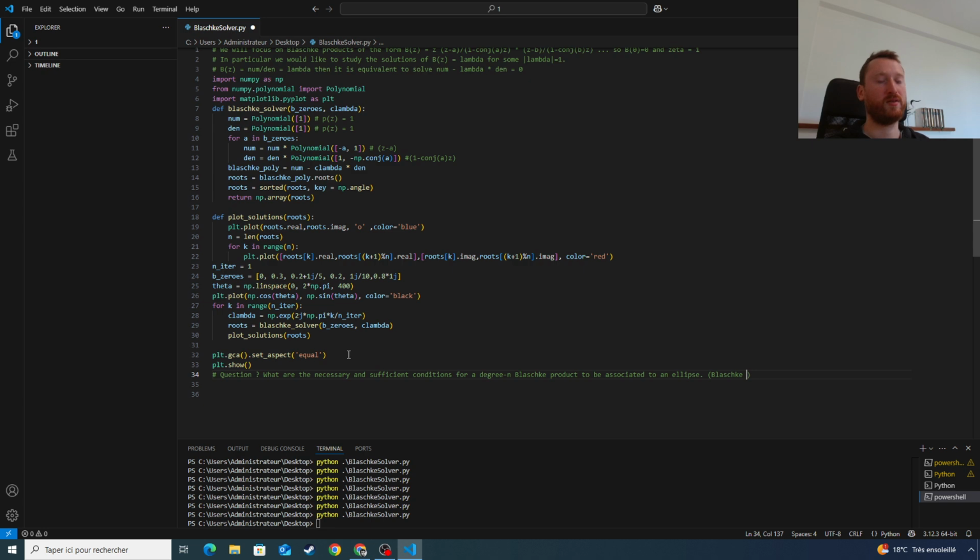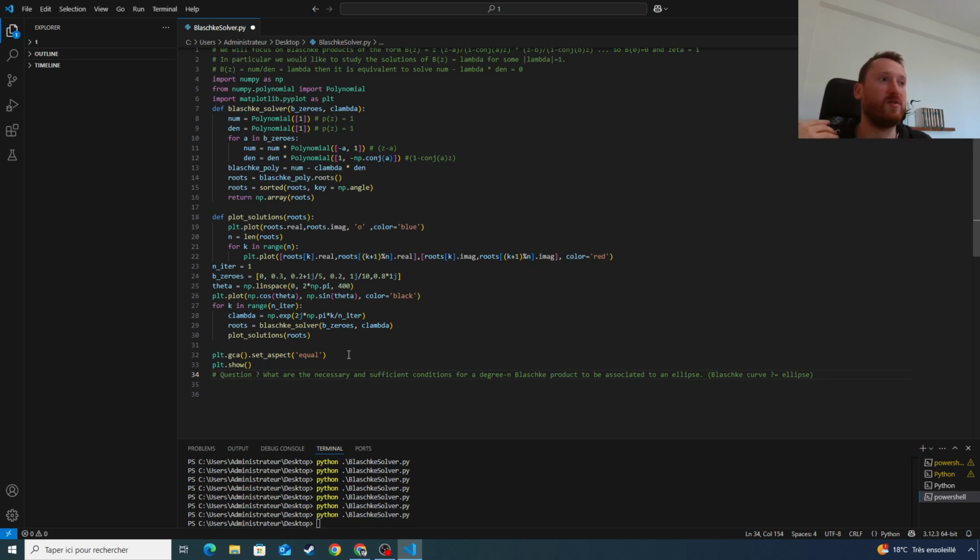We often call the strange curve the Blaschke curve of a Blaschke product. So here, Blaschke curve, when is the Blaschke curve equal to an ellipse? And the other question is, well, is there any degree n, with n high? Is there any degree n Blaschke products which are associated to some ellipses?